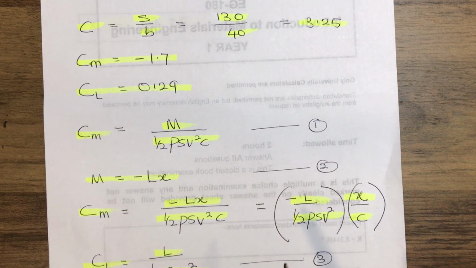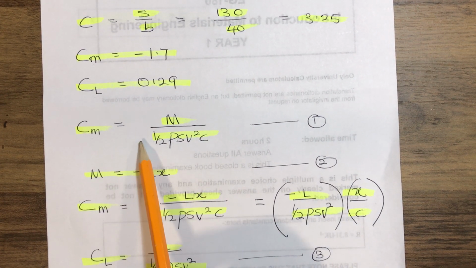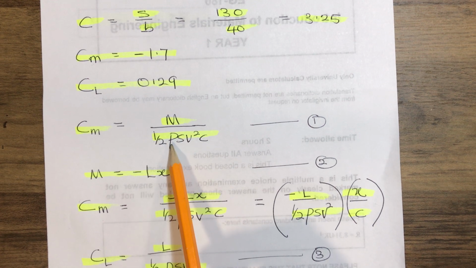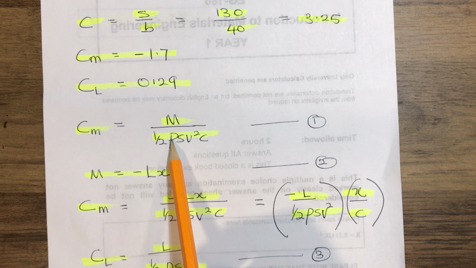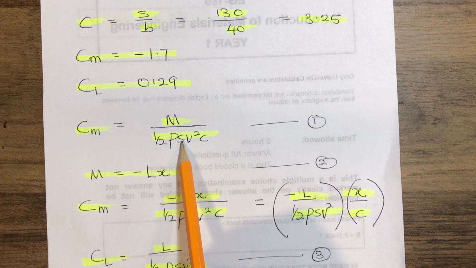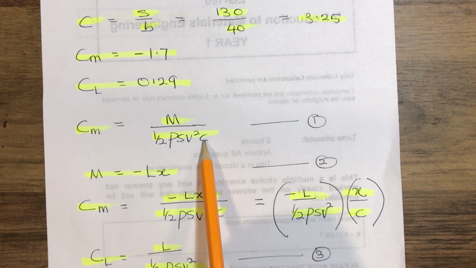So therefore, the formula for coefficient of moment equals moment over half rho S V squared C. Our rho means the density at sea level, our S means the wing area, our V means the speed, our C means the chord.